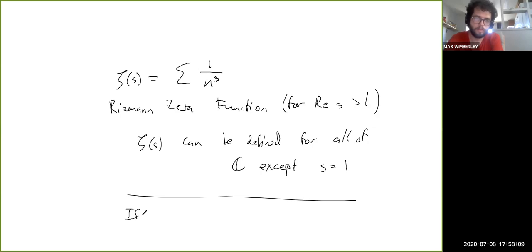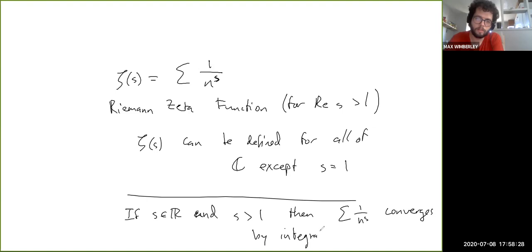So if s is a real number and s is greater than 1, then this series converges by the integral test, which is going to be in tomorrow's lecture. So you'll see why this converges, even though we haven't technically defined what an integral is.